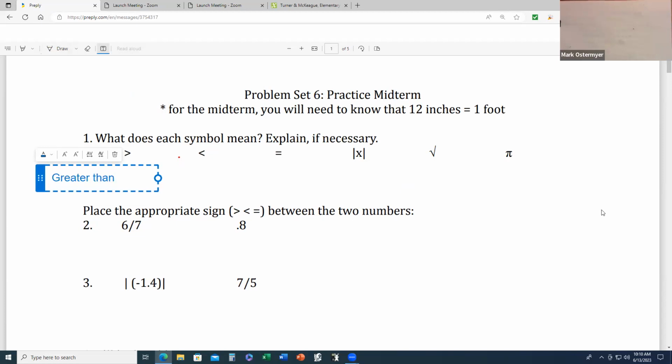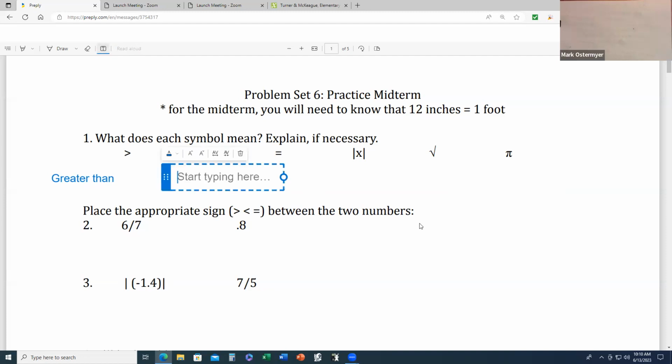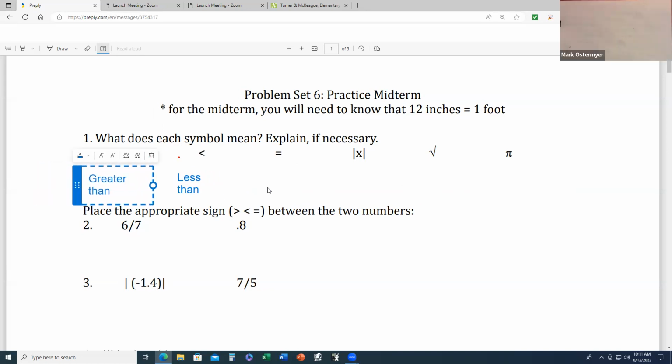The other one would be less than. And then the next one is equal to.